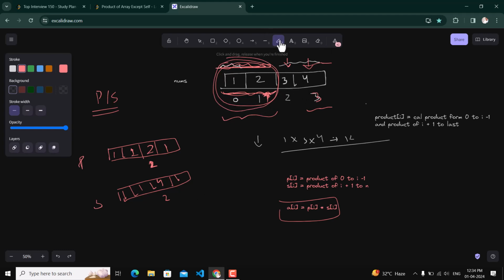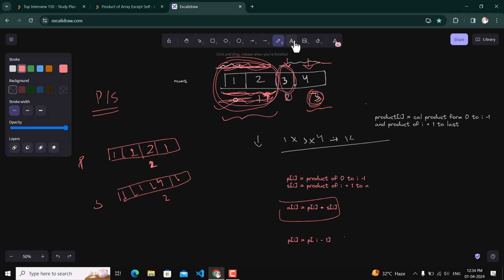To calculate the prefix for a particular index, we multiply prefix I minus 1, because it holds the product of these two elements, and we need the prefix of this third index now. So we take that product multiplied by its I minus 1 index element.